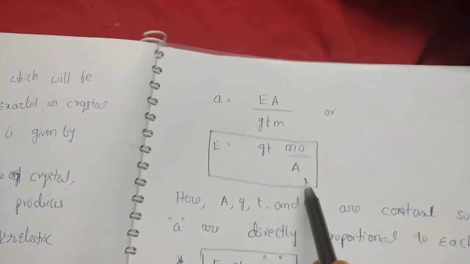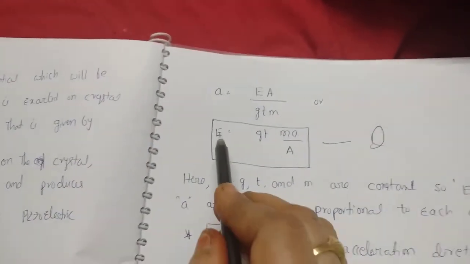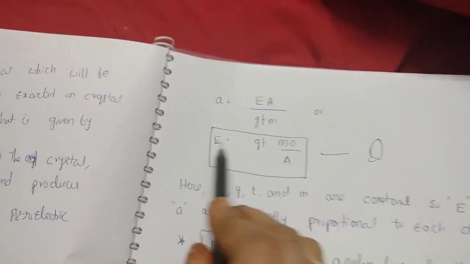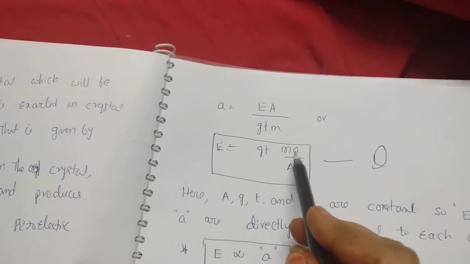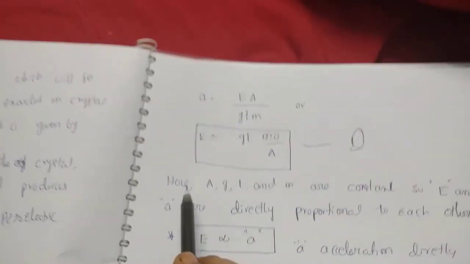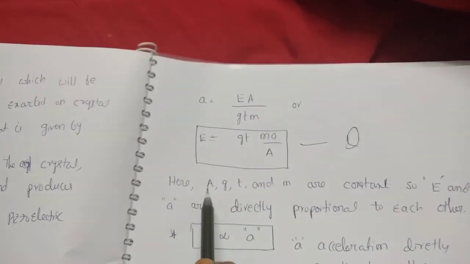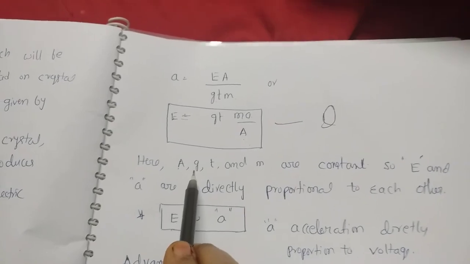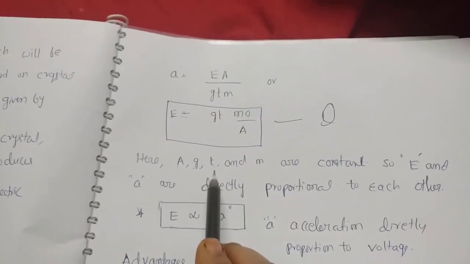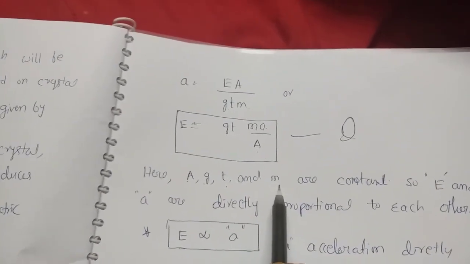Okay. So here E equals g t into m a by A. In this equation, E, the output voltage, is finally directly proportional to g t m a by capital A. A, the area of the crystal, is constant, g, the voltage sensitivity of the crystal, is constant, t, the thickness of the crystal, is also constant, and m is the mass of the body.